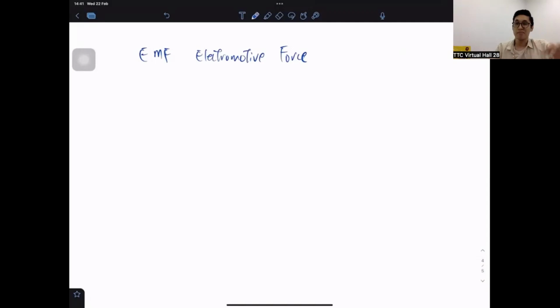It means that the battery will give 9 joules of energy to push one charge to go one whole round. So that is the total voltage, the total EMF. Okay, so when we say EMF, it will always relate to another thing, which is internal resistance.